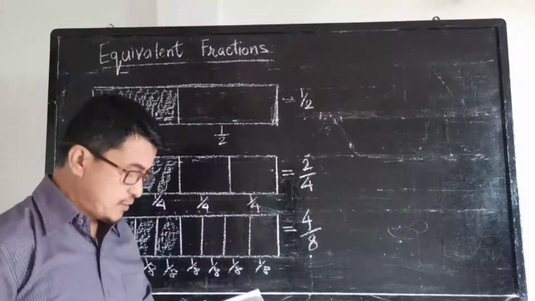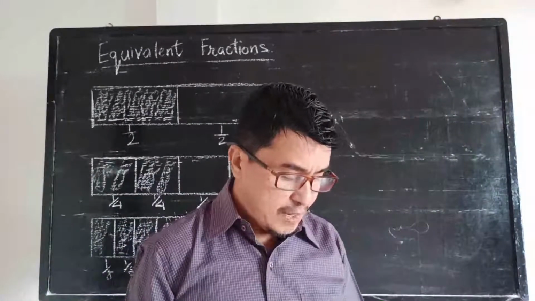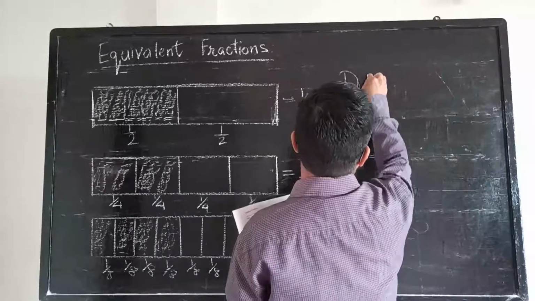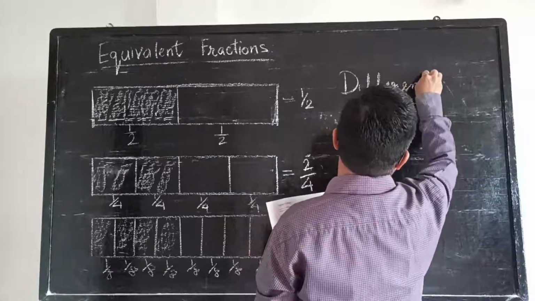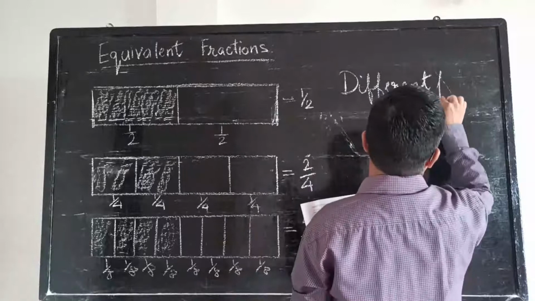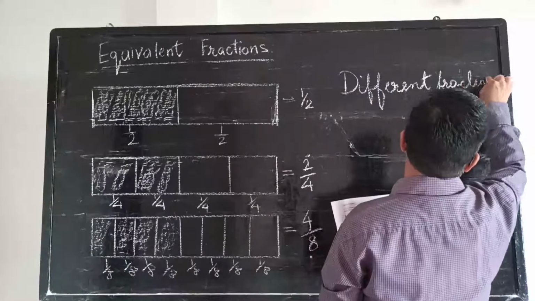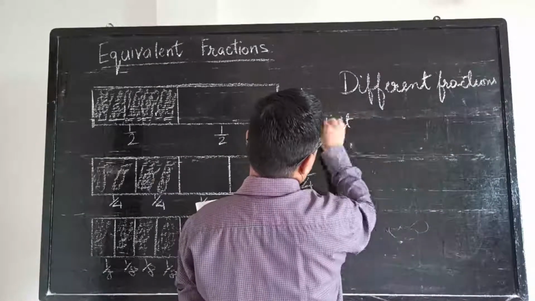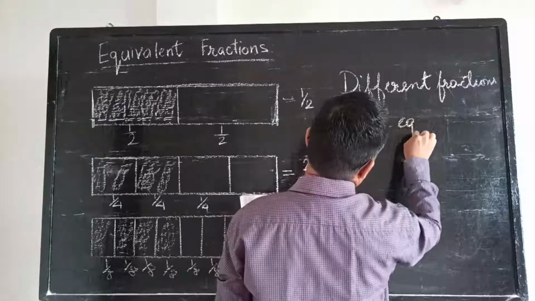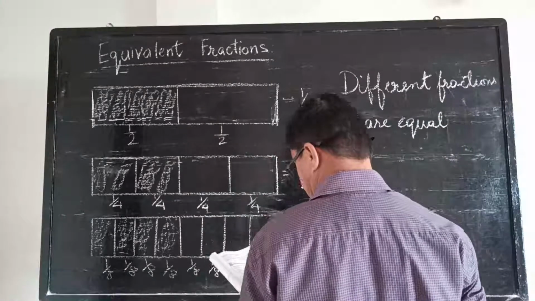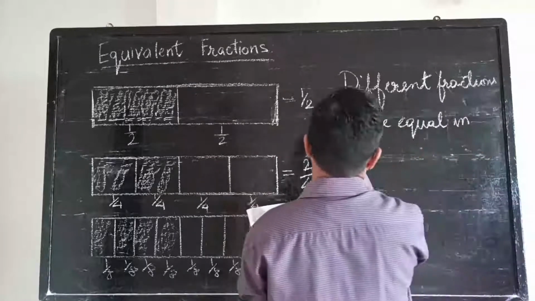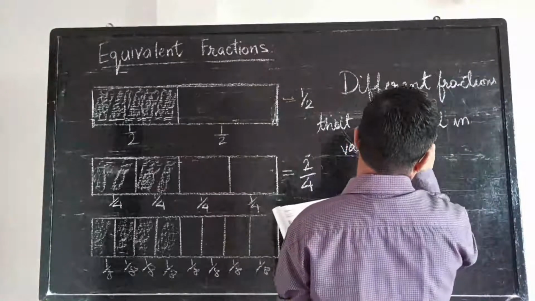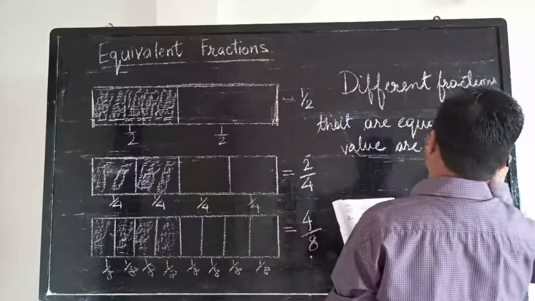Now what are equivalent fractions? Different fractions that are equal in value are called equivalent fractions. Different fractions that are equal in value, what are they called?